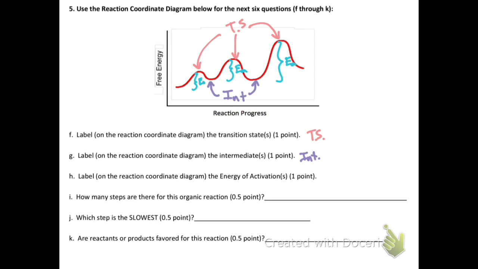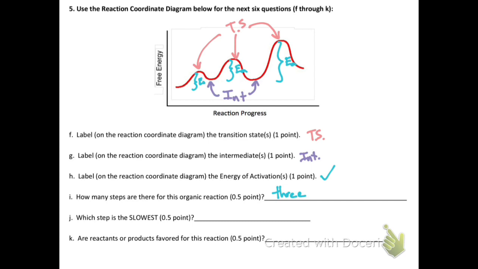Likewise, it always takes energy to get to these energy maxima. And as we'll see in a moment, the larger that hill is, the longer it's going to take and the more energy you're going to need to put in. So these are the 3 activation energies of the 3 different steps. So check. How many steps are there? Each hill represents a step. So there are 3 elementary steps here.